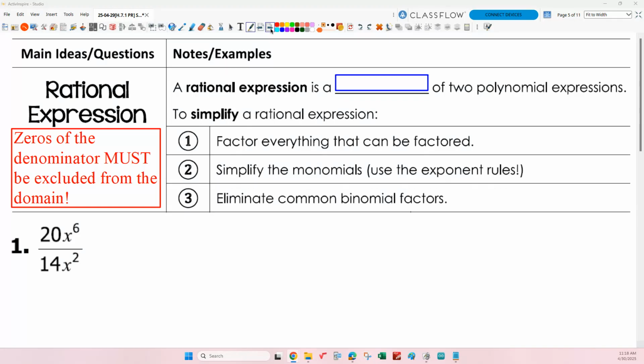So a rational expression is a ratio of 2 polynomials, and then again with the checklist, factor everything, and then simplify the monomials if you can, and then eliminate common factors. How could we simplify that one? 20x to the 6th over 14x squared.